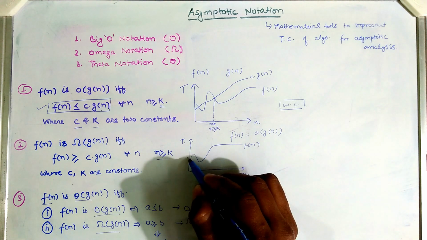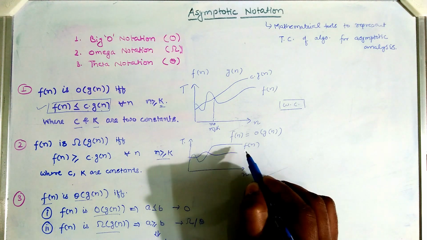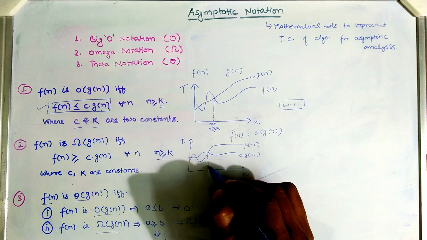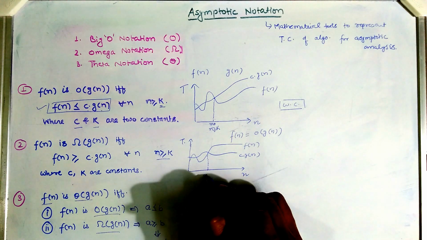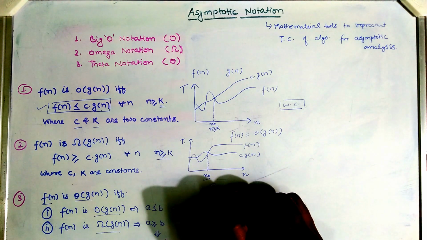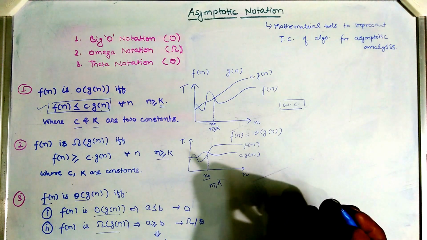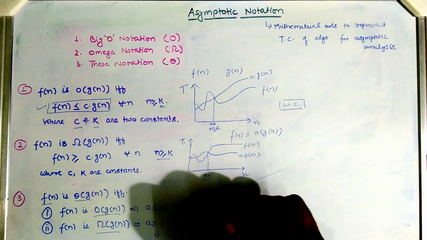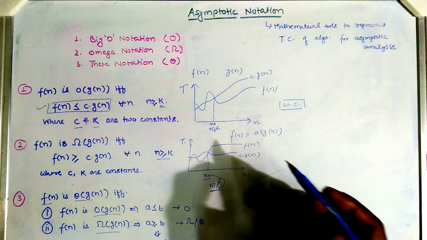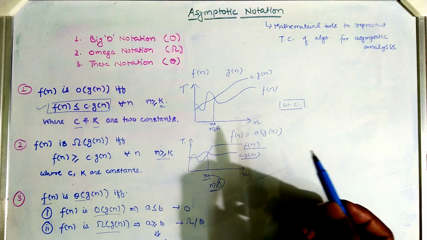Then there is another function c times g(n) which always gives a lower bound for all values of n greater than or equal to k, or n-naught. So c times g(n) always has a lower bound than the given function f(n).